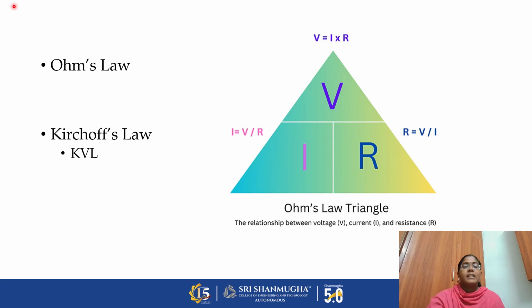Kirchhoff's voltage law is: sum of potential drop is equal to sum of potential rise. That is, in a closed circuit, the sum of potential drops will be equal to the sum of potential rises. Around a closed path, the voltage will be equal to 0.